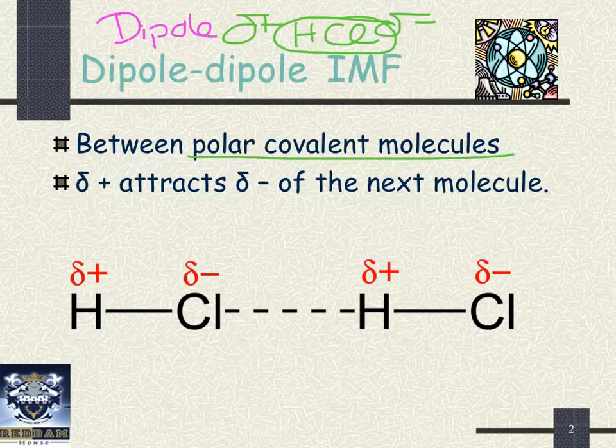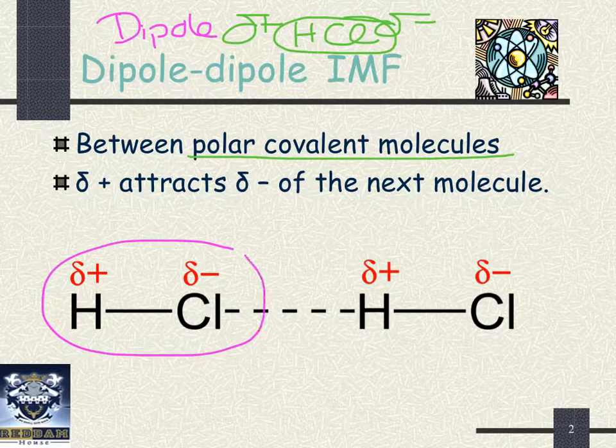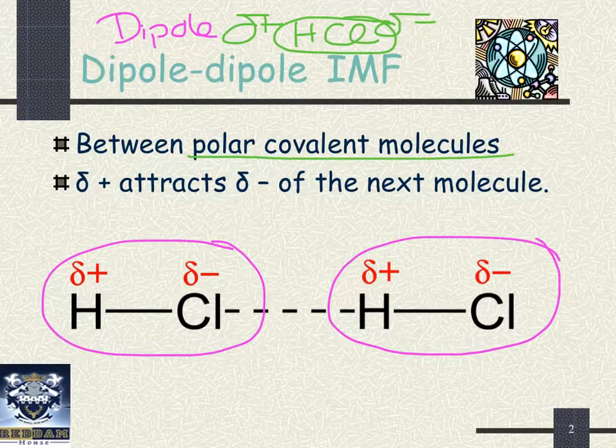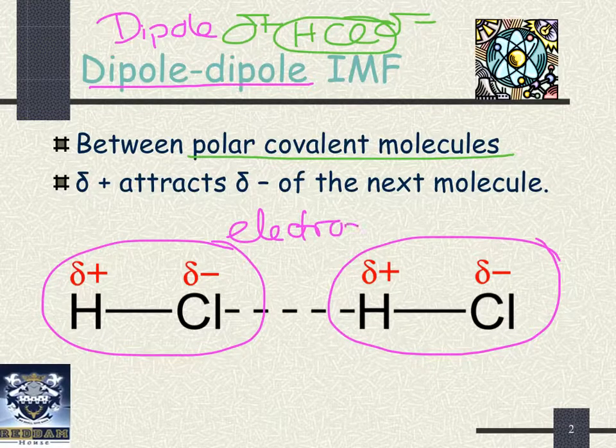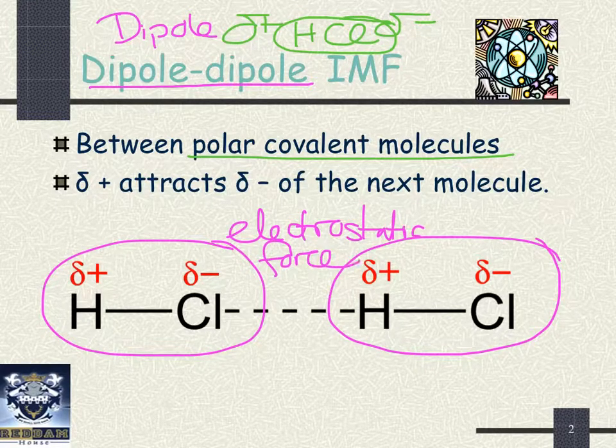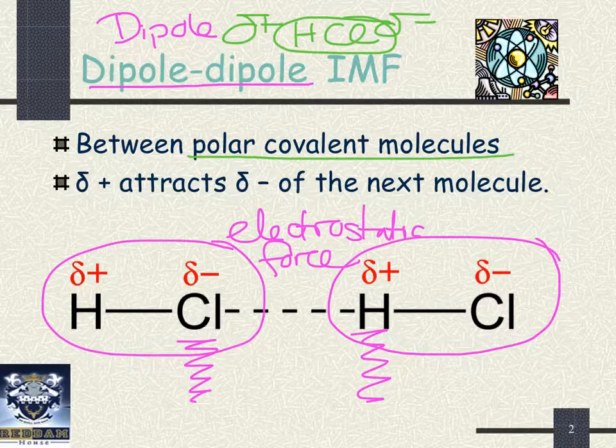So when two dipoles attract one another, as is the case when one hydrogen chloride is attracted to another hydrogen chloride, we call that type of intermolecular force a dipole-dipole intermolecular force, because two dipoles are hanging on to each other. How are they doing that? It is an electrostatic force of attraction. And that electrostatic force of attraction is between the slightly negative side of the one dipole and the slightly positive side of the other dipole.